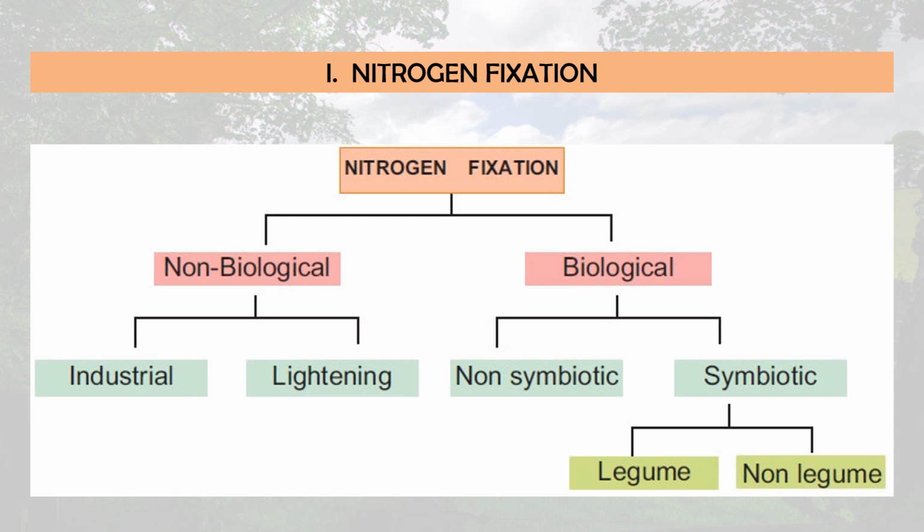First step is nitrogen fixation. Here nitrogen fixation can be done through a physical or non-biological process or through a biological process. As we know, nitrogen cannot be utilized by plants in its native elemental form, so it must first be fixed or combined with other elements like hydrogen or carbon or oxygen.